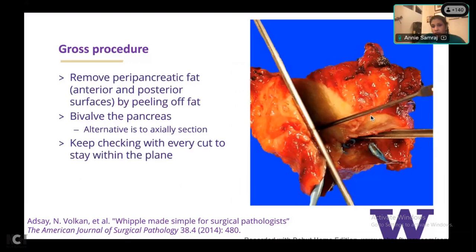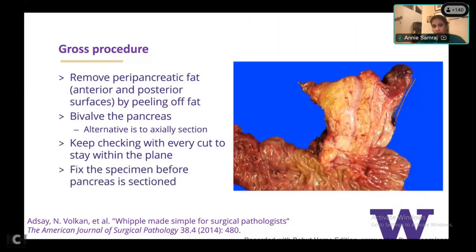As you angle your knife along, let the probe guide the direction of the cut, and keep checking with every small cut to stay within the plane. At this point is when you would fix the specimen. When you bivalve it, it allows the formalin to seep into all these areas, and it is best to fix it at this point.